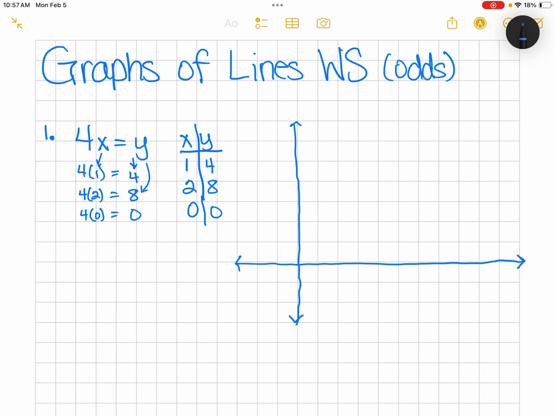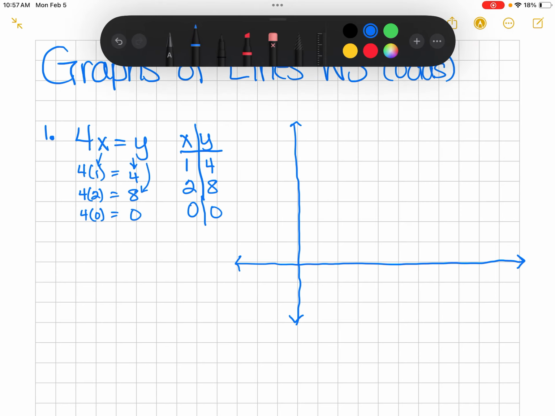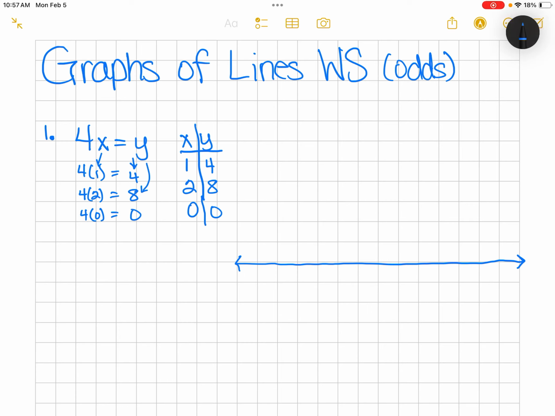Okay, now the first one is 1, 4. So wait, did that give me enough? 1, 2, 3, 4, 5, 6. Nope. Hold on. I'm going to just erase that line and rework it. Okay, so it's going to go all the way up to here because I didn't give myself enough room.